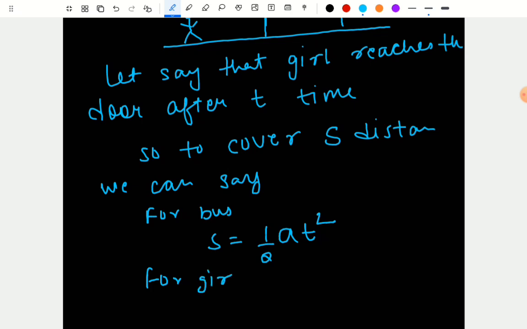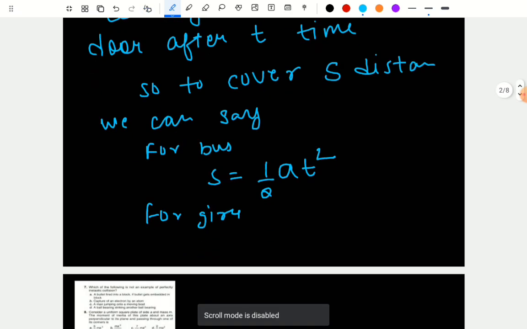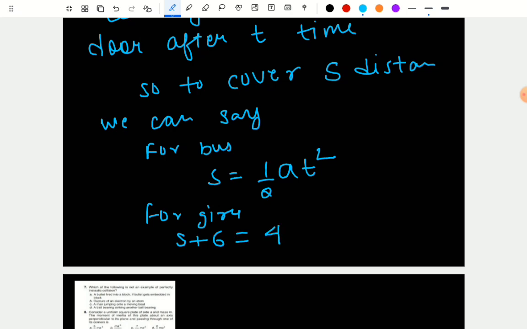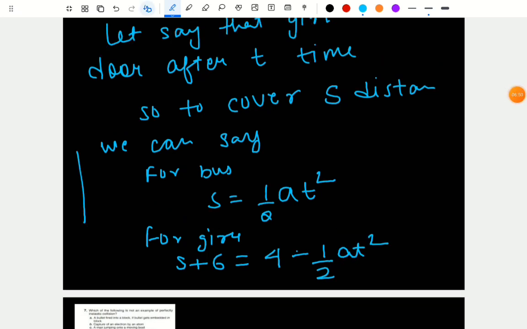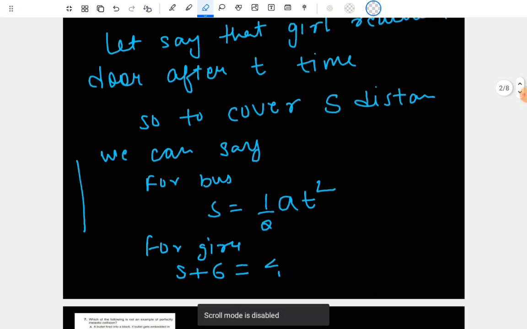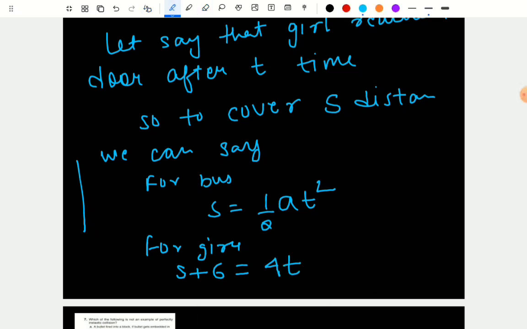For the girl, s plus 6 is equal to 4 into t. So now from these 1 and 2, we can say 4t is equal to 6 plus half a t square.